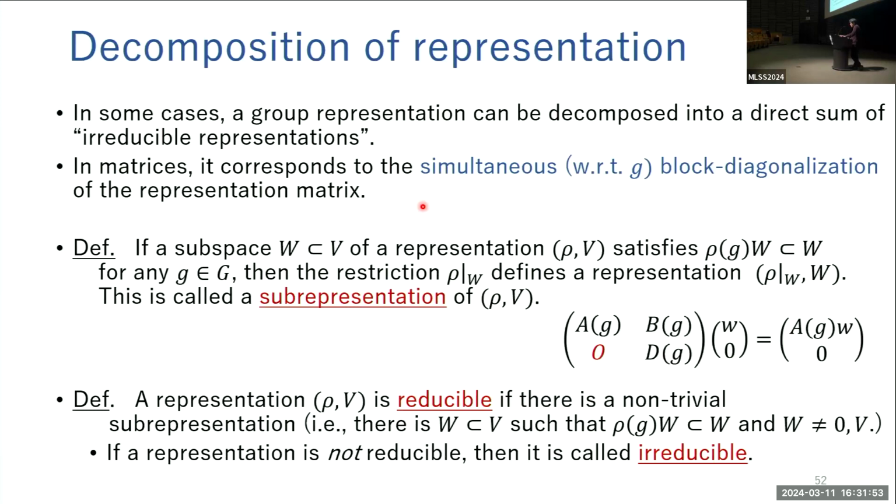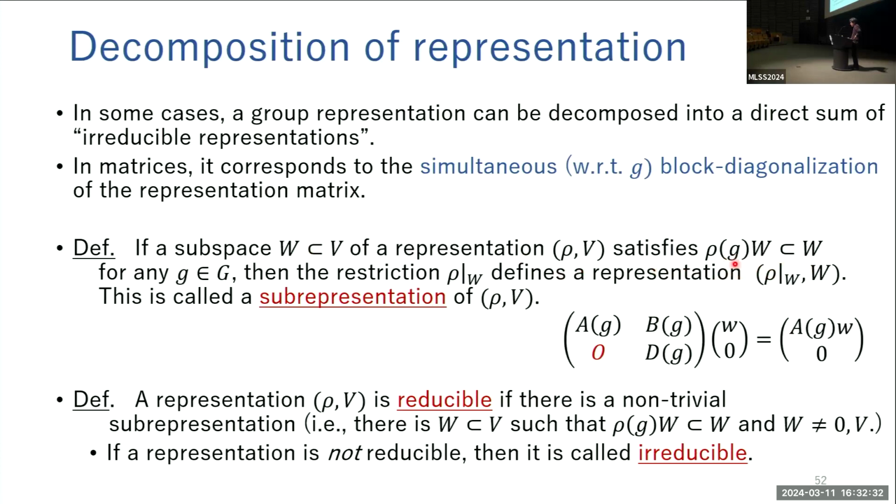That means that in terms of matrices, to express a representation mapping, we can have a simultaneous block diagonalization. I will explain the meaning later. At first, let's define sub-representations. Suppose that we have a representation rho on V, and W is a subspace that is invariant with respect to rho of g, for any g.